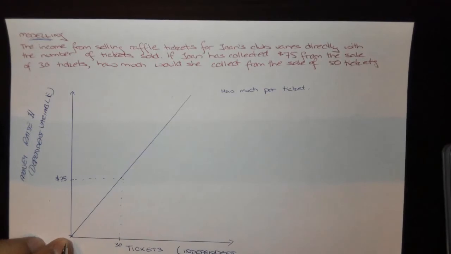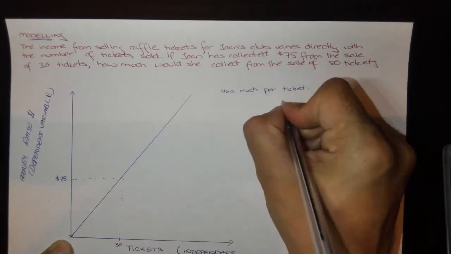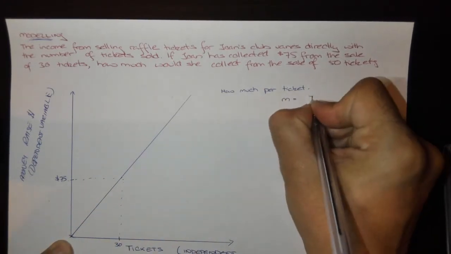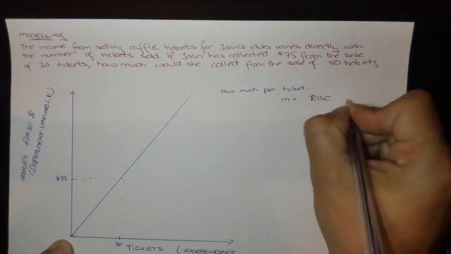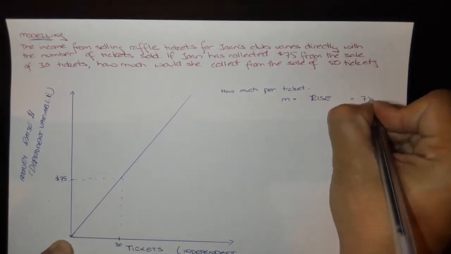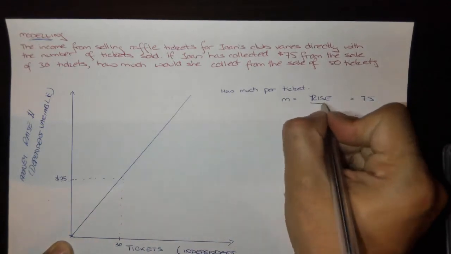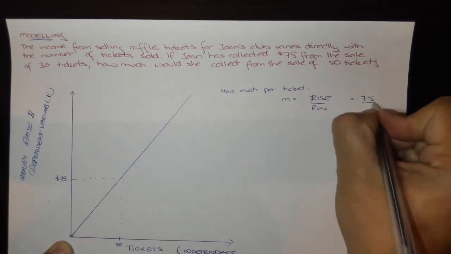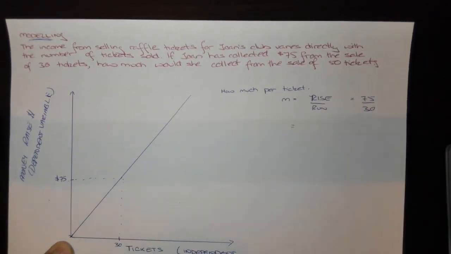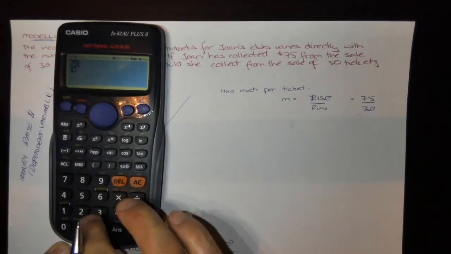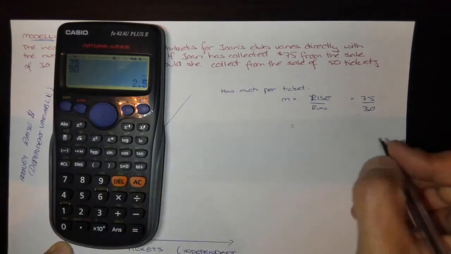And if you think about it, the rise is $75. And the run, the number of tickets I sold, is 30. So I have a gradient of 2.5.